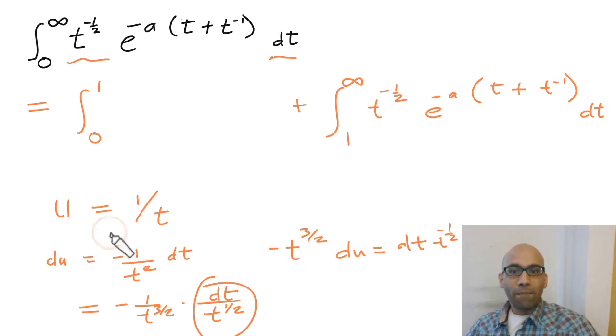And because we know u is equal to 1 divided by t, we just write this as negative du u to the power minus 3 by 2 is equal to this right hand term.